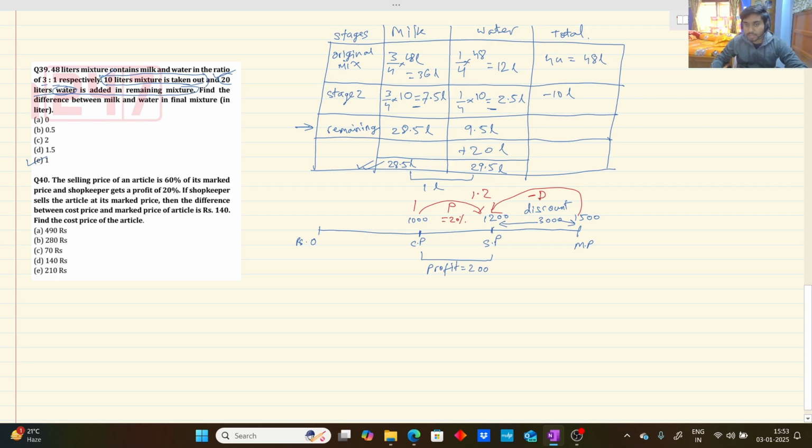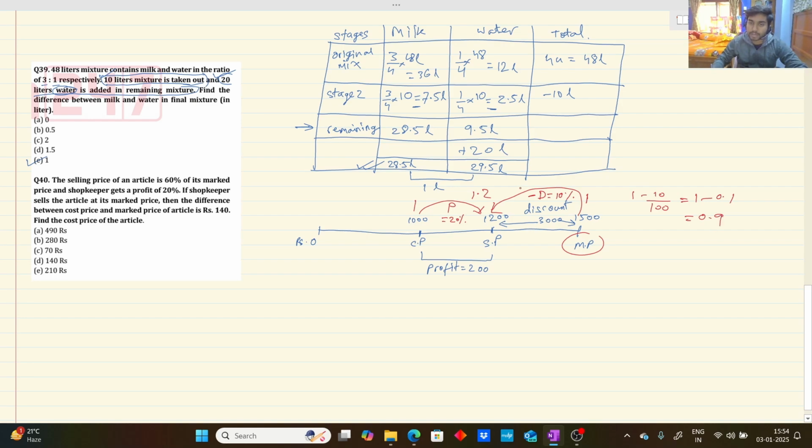But discount, on the other hand, we calculate on marked price, we're reducing from the marked price. That will subtract. If my discount is, let's say, 10%, and my marked price is 1, then my selling price after discount would be 1 minus 10%, that is 1 minus 0.1, that is 0.9.